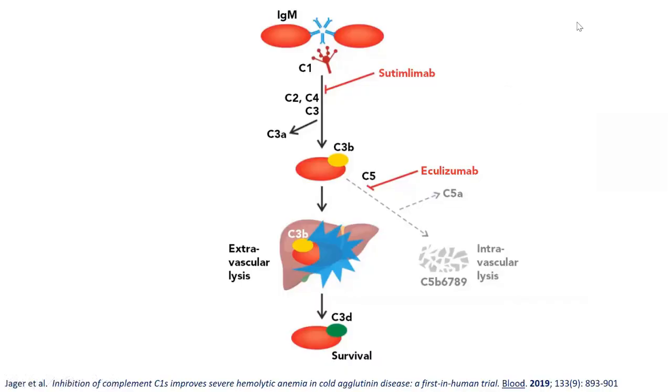The complement inhibitors to be considered off-label or on-label, depending on what the case may be, would be eculizumab or sutimlimab for C5 versus C1 blockade. This, however, doesn't get rid of the root cause. It just helps you cope with the latter phase of the pathophysiology, the impact that complement fixation and complement-mediated lysis will have on the red cell.